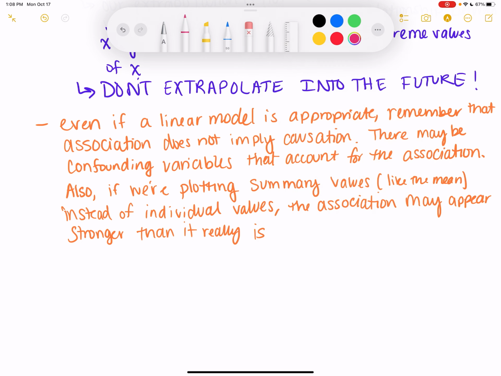All right, outliers, leverage, and influential points.